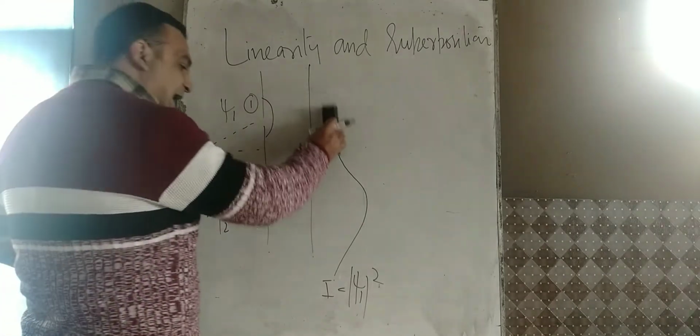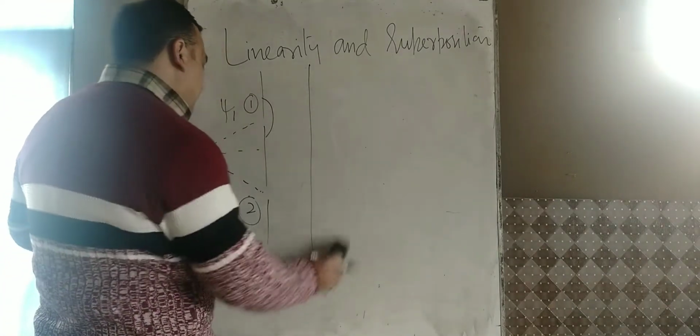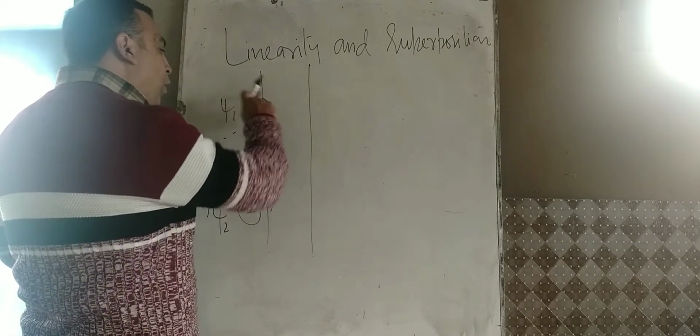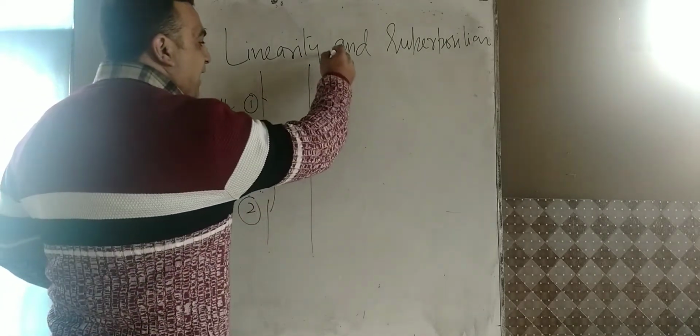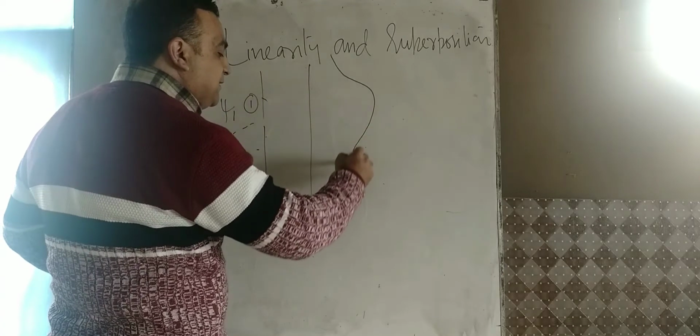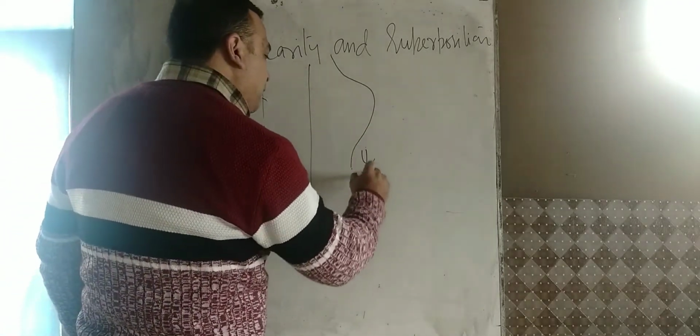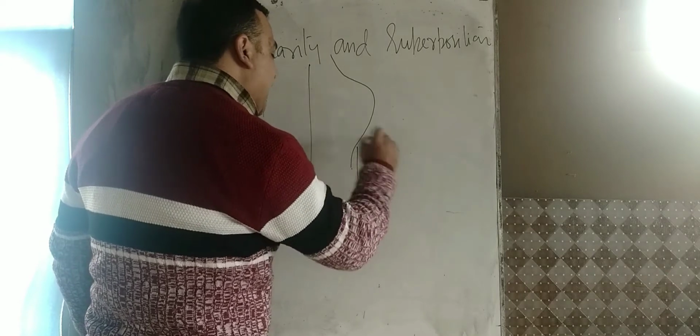Similarly, if I close slit S2 and I open slit S1, I expect a distribution of intensity like this. So here it must be probability density, psi 1 square.